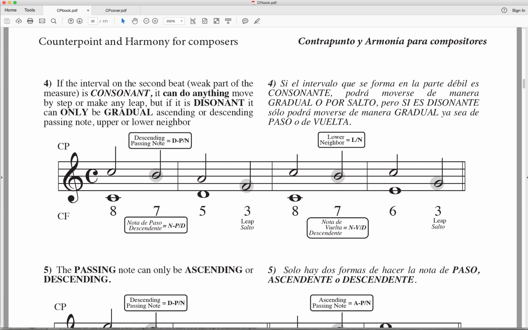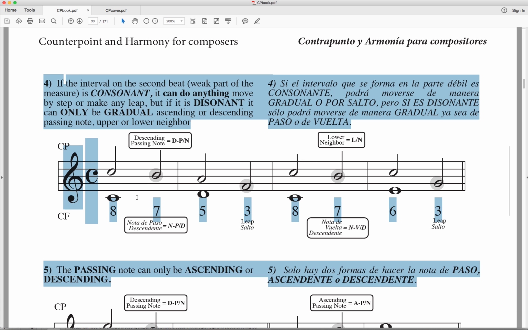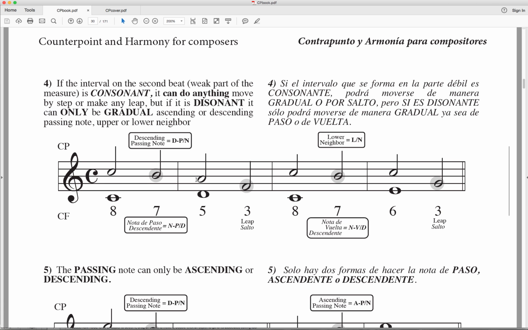It could be a passing note, descending in this case, or ascending passing note. What it really means is that it needs to be gradual, going from a consonant or conditional interval like you see right here, going to another consonant or conditional interval that resolves. And if this interval is dissonant, then it needs to be gradual, going up or down.